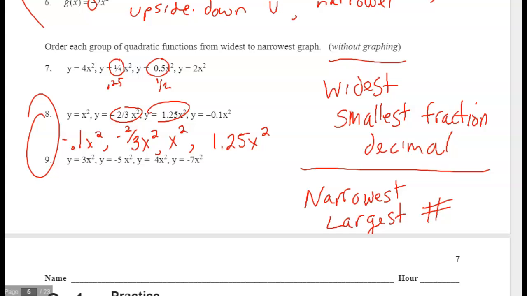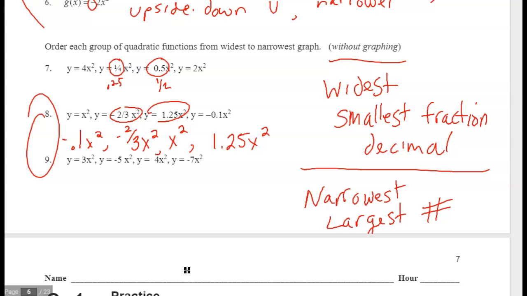So if we're going to line these up to wrap up this video, I've already done this one because you got to be careful, because you got to know that 2/3 is approximately 0.66. So my widest one is my smallest decimal. And then I work my way through all the way to my biggest number that's greater than 1.